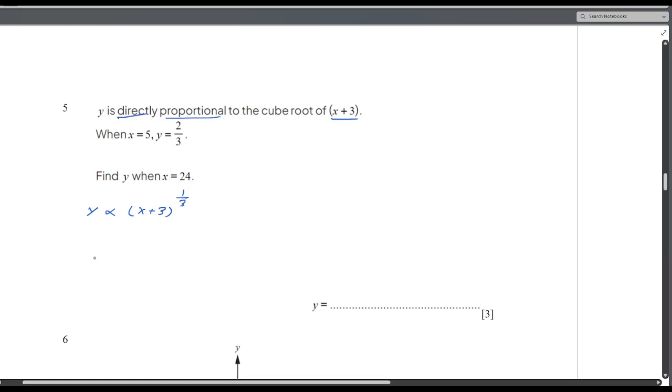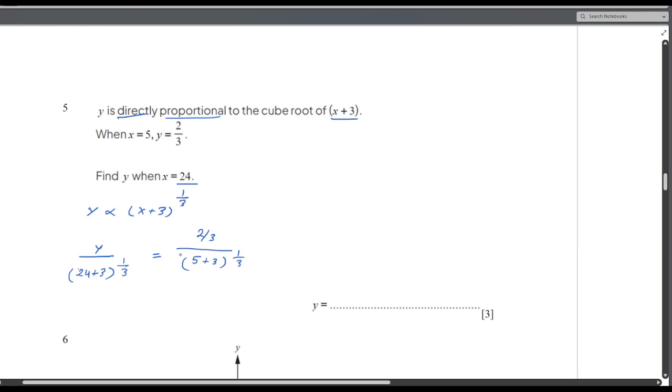That means I can say that y divided by the value of x, here x is 24, so (24 plus 3) the whole power 1 by 3, this ratio will be the same as y here, which is 2 divided by 3, divided by (5 plus 3) the whole power 1 by 3, right? Your ratios are the same.